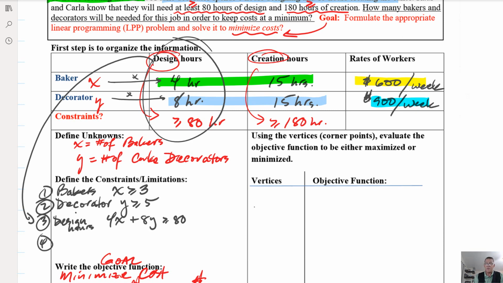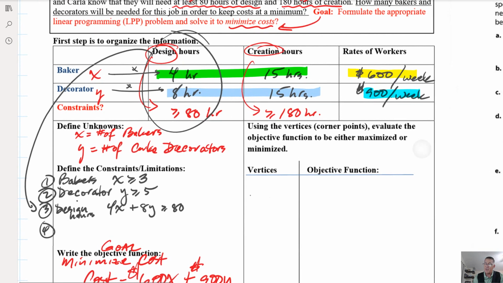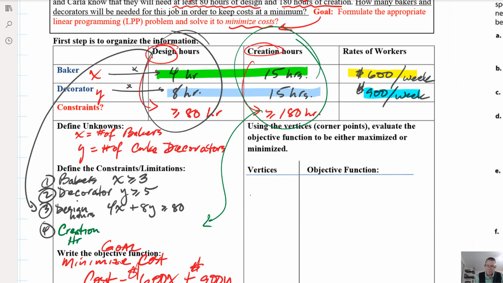Now we have a constraint on the creation hours too. So we're going to take this information and write a constraint on the creation hours. Same logic. For each baker, it takes 15 hours of creation time. So for 1 baker, it takes 15 hours, 2 bakers, 2 times 15, 3 bakers, 3 times 15, 4 bakers, 4 times 15.